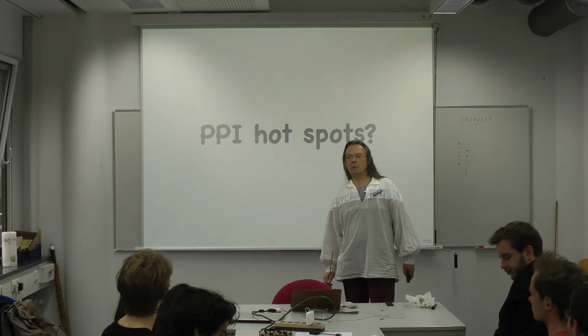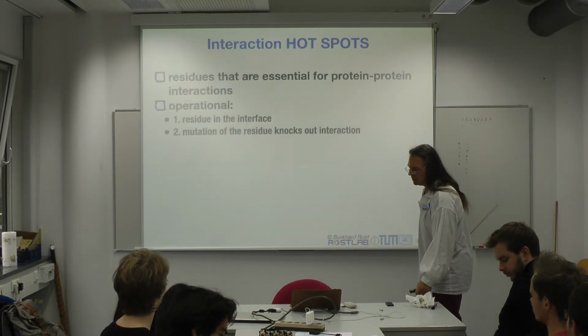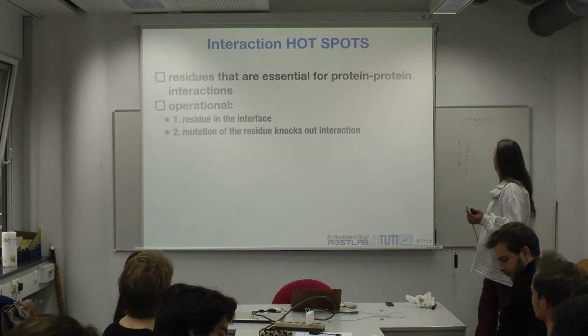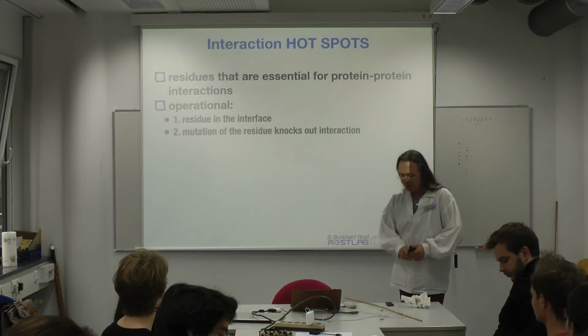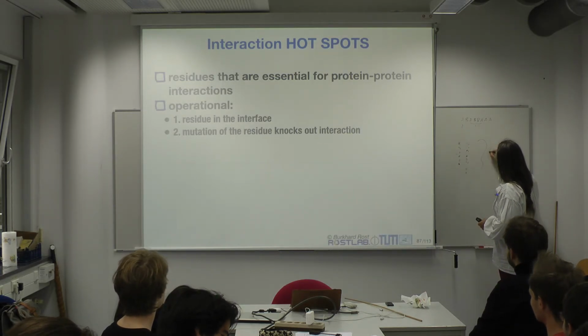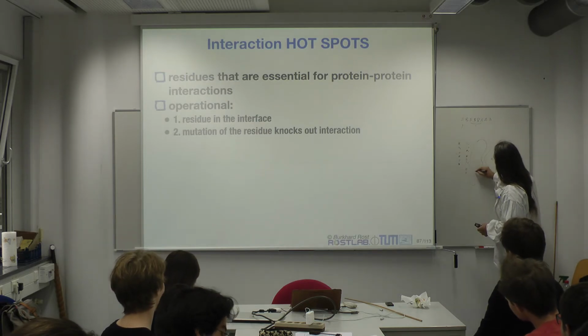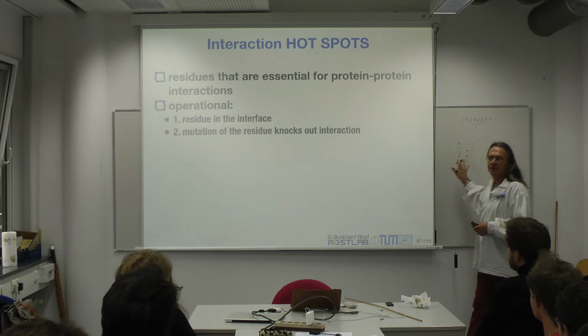Okay, so there's another story. There are so-called hotspots, the protein-protein interaction hotspots. And the idea of protein-protein interaction hotspots, and I should have had a figure here, is, let me do it in a 2D way. So we have protein 1 interacting with protein 2 here. This is 1, and this is 2. And that's the interface.